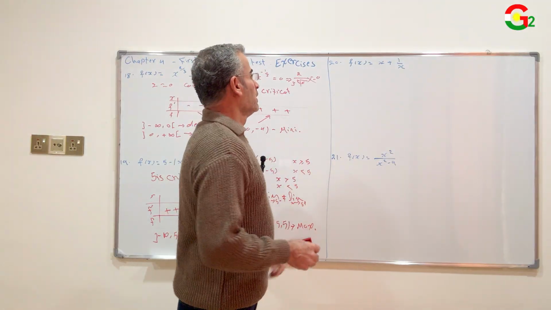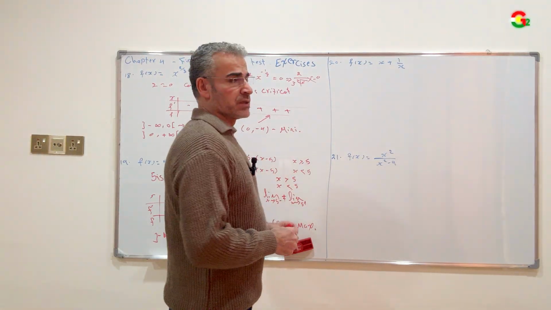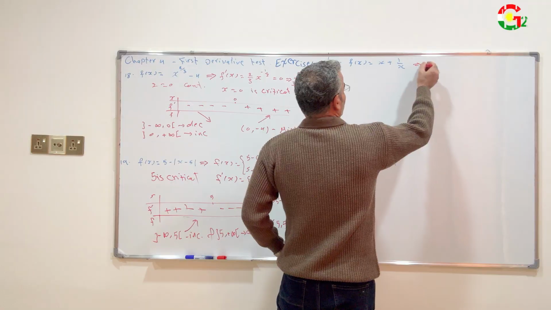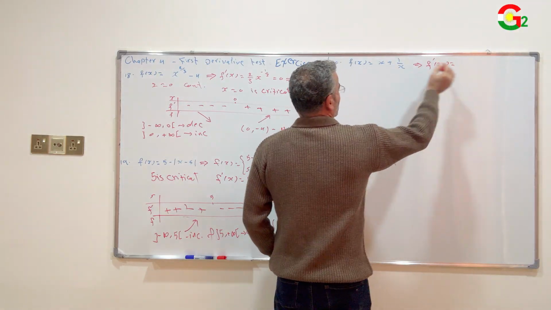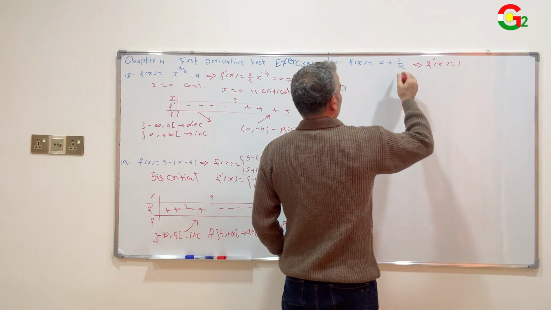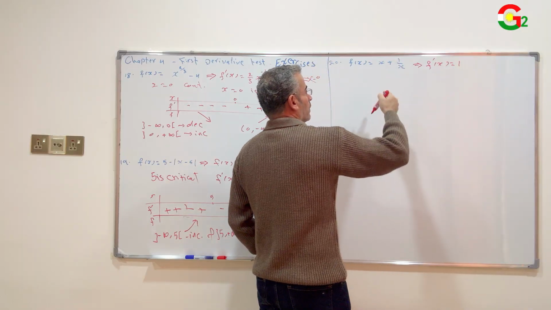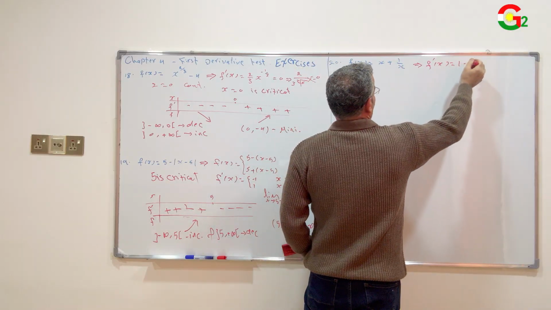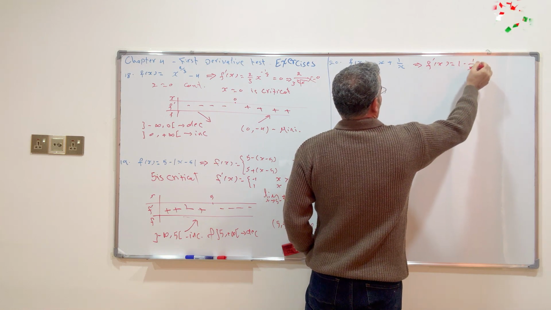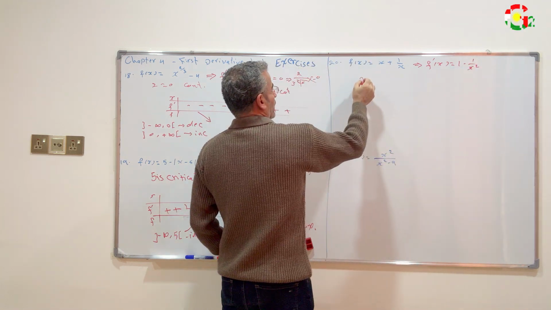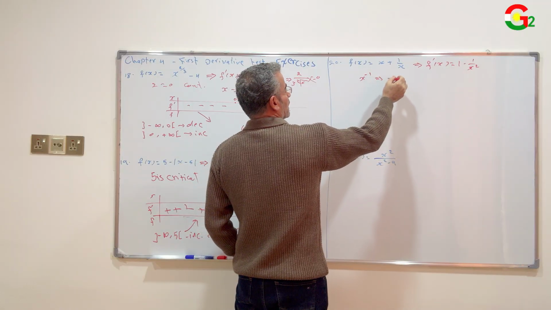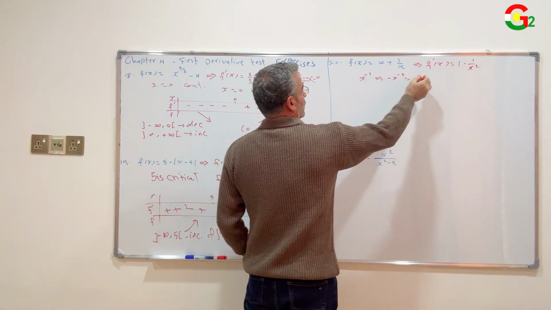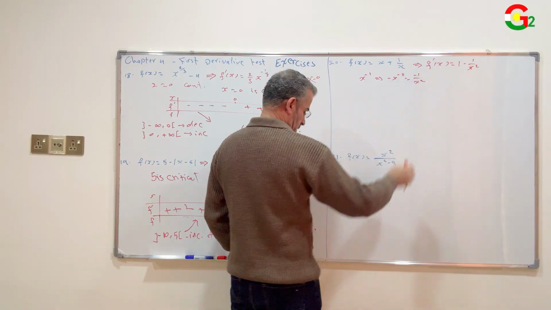Question number 20. f of x equals x plus 1 over x. Find the derivative of this function. f prime of x equals the derivative of x, which is 1, minus the derivative of 1 over x, which is negative 1 over x squared. Since 1 over x is x to the negative 1, its derivative is negative x to the negative 2, equal to negative 1 over x squared.